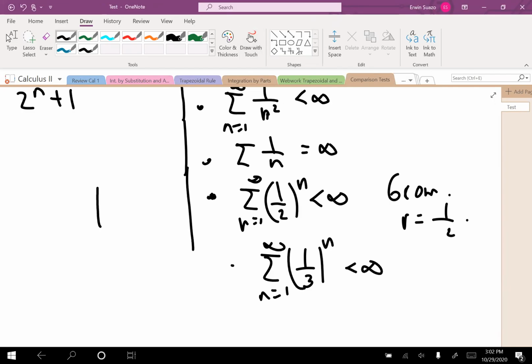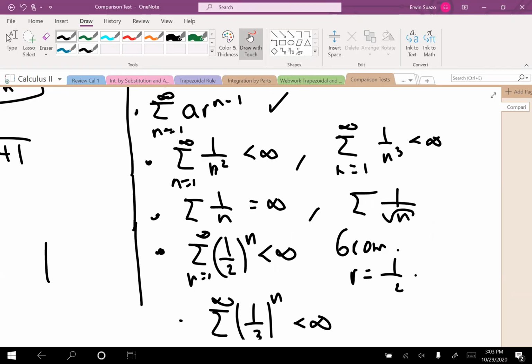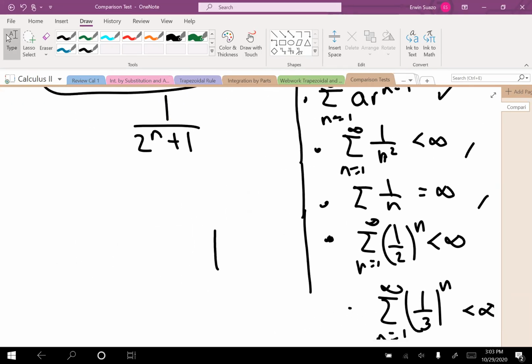You could also have any power bigger than 1, like the sum of n equals 1 to infinity of 1 over n cubed. That's less than infinity. N to the 4, something like that. A cube root of n, that's divergent. So those are the ones that you know. We haven't done that much, but you're going to see that it's a lot. What we have done is going to be very useful.